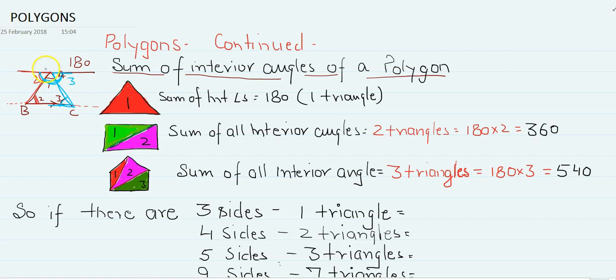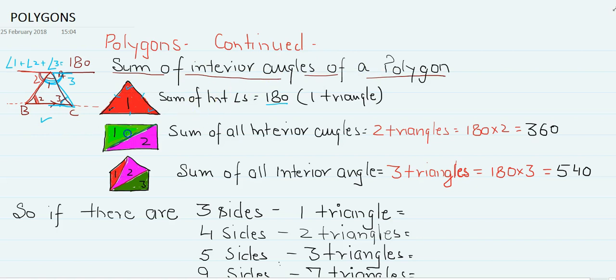So the sum of these angles, angle 1, angle 2 and angle 3, is 180 degrees. So the sum of all the interior angles of a triangle is 180. Now this is a triangle made up of 3 lines.